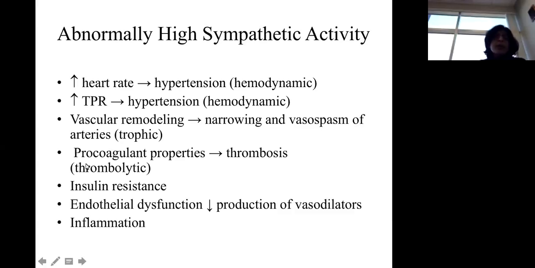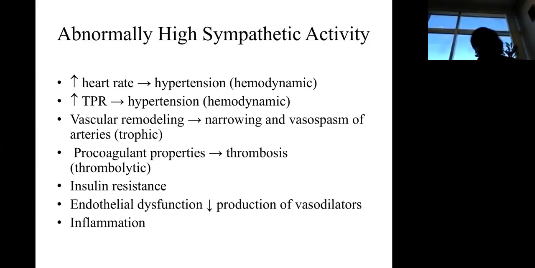Procoagulant properties. This is another thing about overactivation of the sympathetic system. It may activate certain blood clotting factors and trigger this abnormal blood clotting process. We have gone over blood clotting to understand what thrombosis means. Thrombosis is an unwanted blood clot being formed.